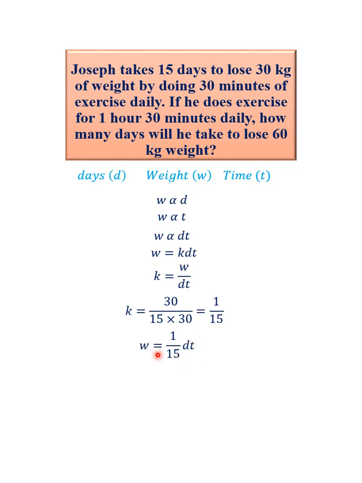If we cross multiply, we have that DT is equal to 15 times W. To obtain D, we divide both sides by T, so that D is equal to 15W all over T. With this formula and the next set of values, we can find the number of days to shed 60 kg of weight.